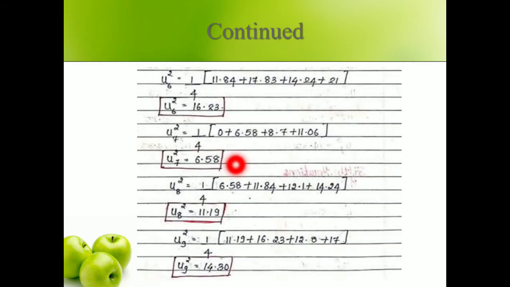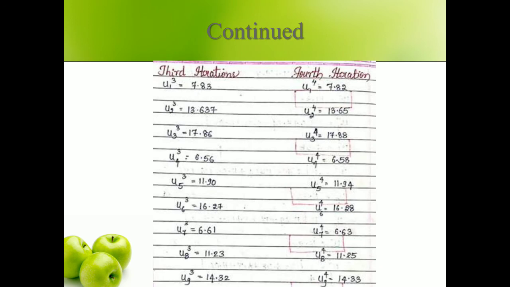Next u6 double dash is equal to 16.23, u7 double dash is equal to 6.58, u8 double dash is equal to 11.19, u9 double dash is equal to 14.30. So now you can repeat similar iterations, using the previous values, that is the first iteration and second iteration.